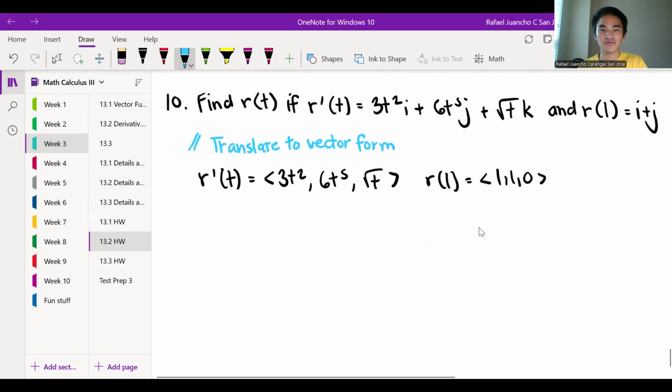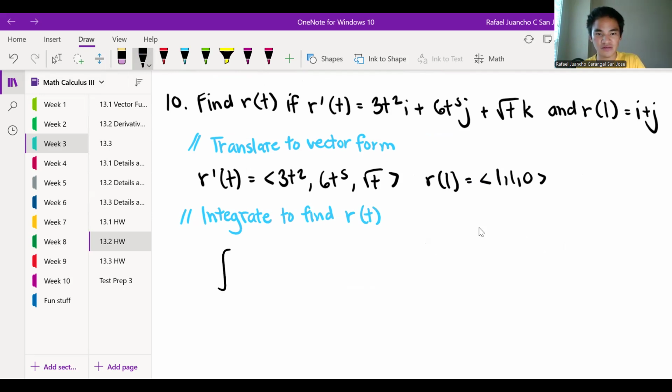Okay. So now what do we want to do? We want to find r of t. So we want to integrate. So there's a Calc 2 thing. We want to integrate to find r of t, because if we integrate our derivative, we get back our original position vector.